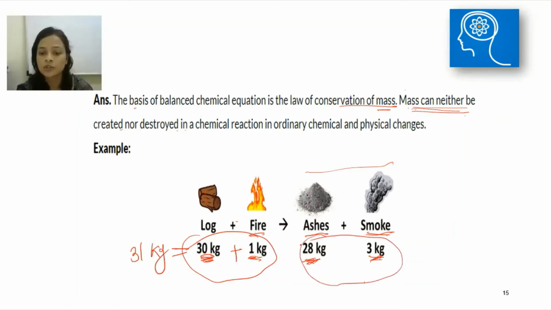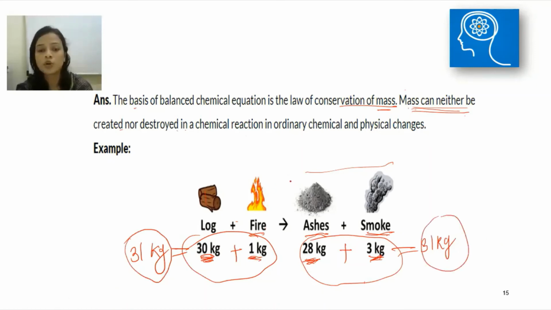On the right side of the chemical reaction, 28 kg plus 3 kg is again 31 kg of mass. Means on both sides of the chemical reaction, here is 31 kg mass and here is also 31 kg mass. It follows the law of conservation of mass. The mass can neither be created nor be destroyed.